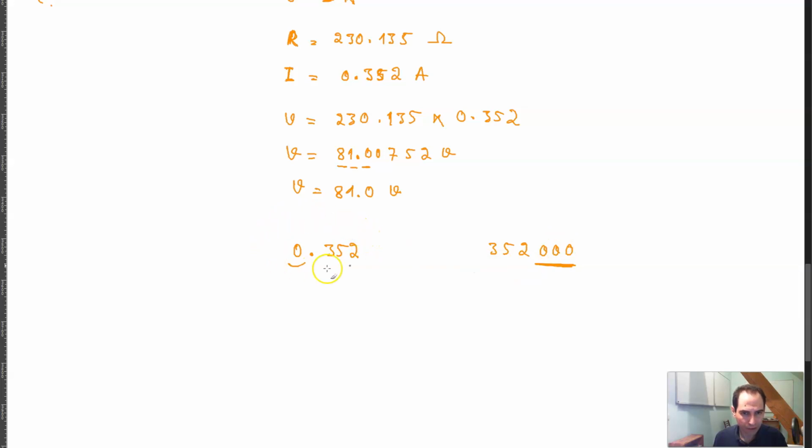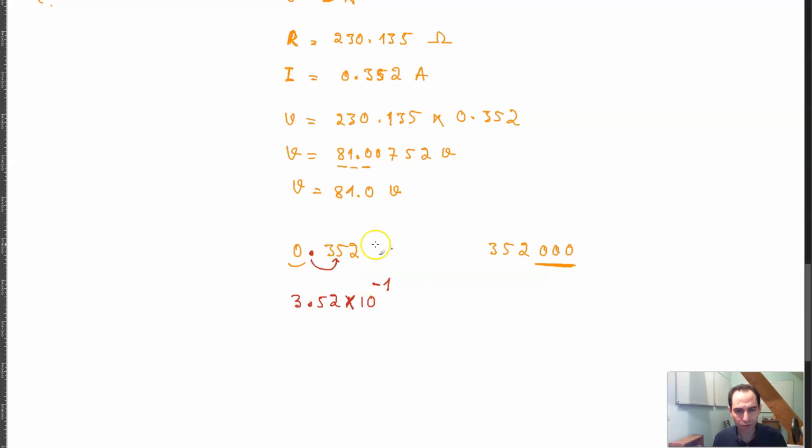But now coming back to this number, if I move the decimal point to between 3 and 5, I could write this as 3.52 into 10 raised to the power negative 1.